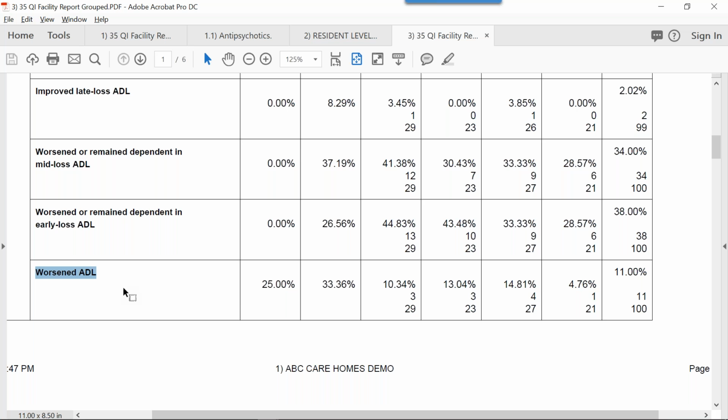It gives you the mid-loss ADLs such as locomotion, and it gives you the late loss ADLs, the bed, eating, toileting, and transfer. So a very important indicator. And here we're looking at people who have declined overall in ADL. And remember, we're looking at this by nursing unit.